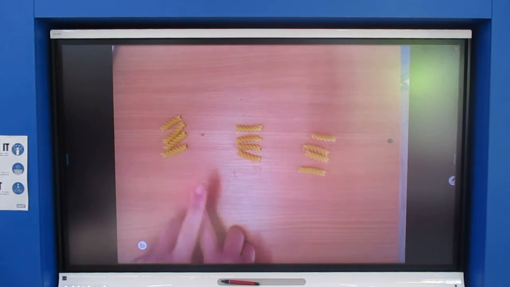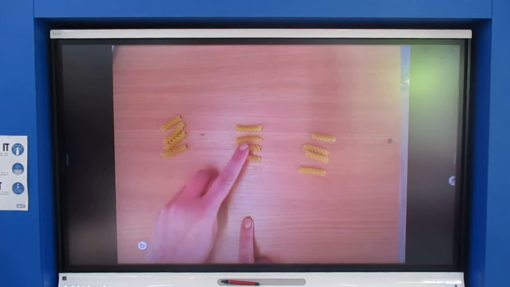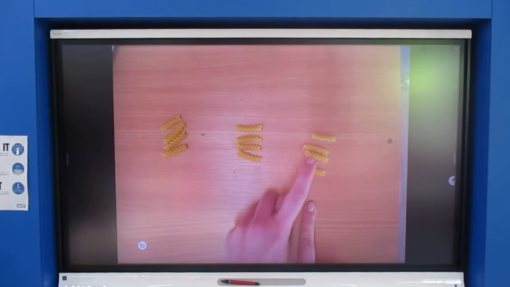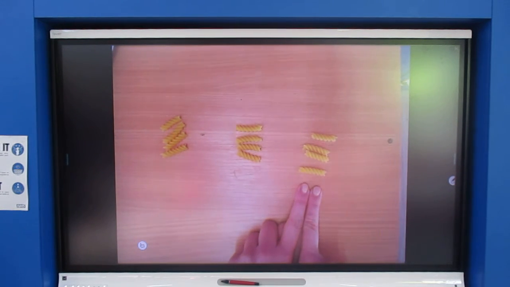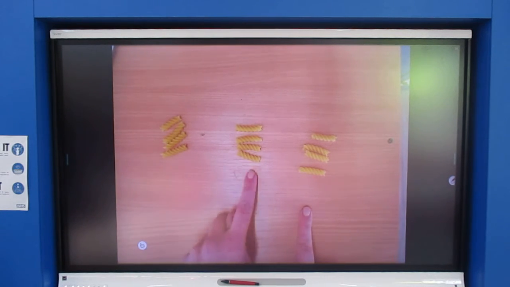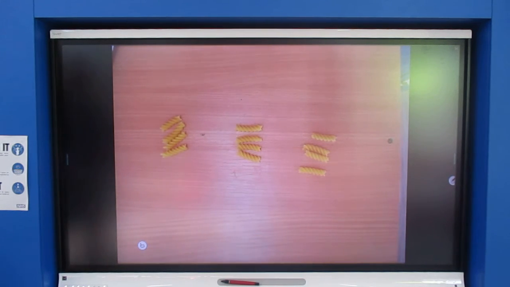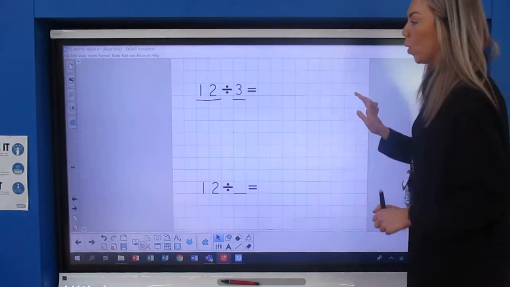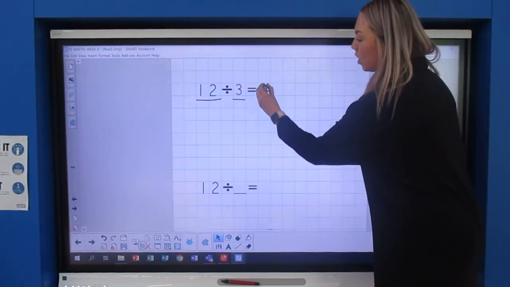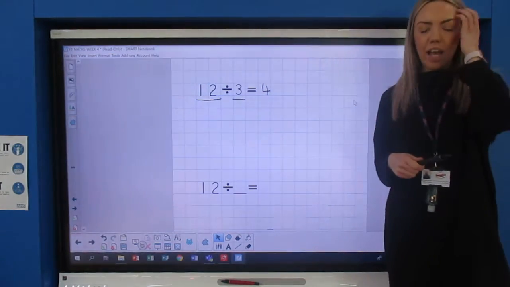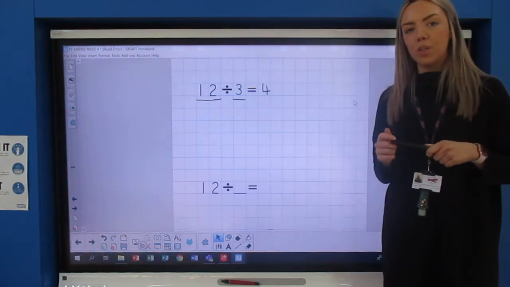I've got 4 in group 1. 4 in group 2. 4 in group 3. So 12 shared into 3 groups equals, shout me the answer, 4. Excellent.